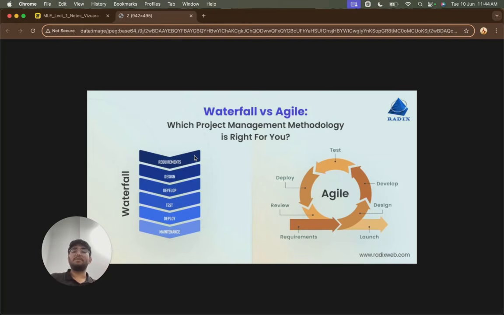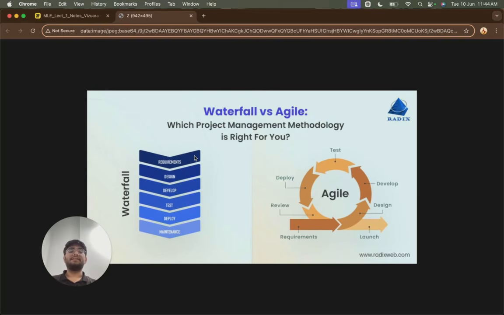Whereas now we prefer agile models, that is an iterative model. So we review, we test, we design, then we redesign, we think about requirements again, and then we go back and go through the cycle again, and then we launch a model.